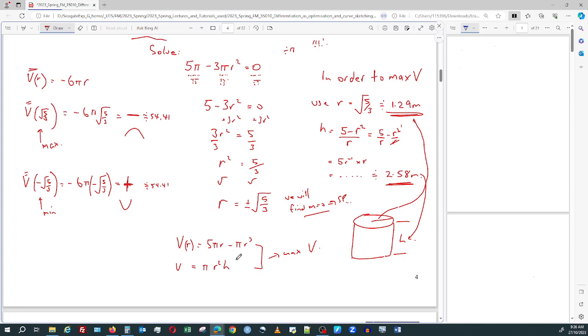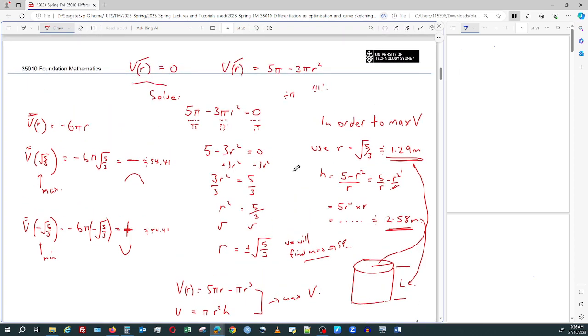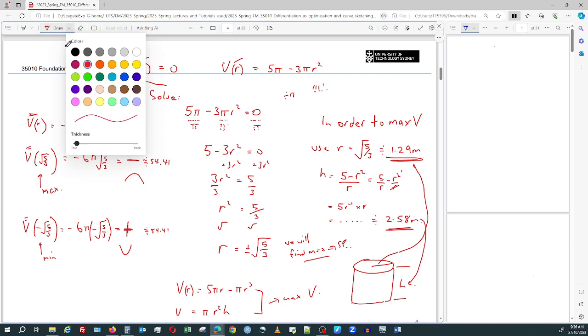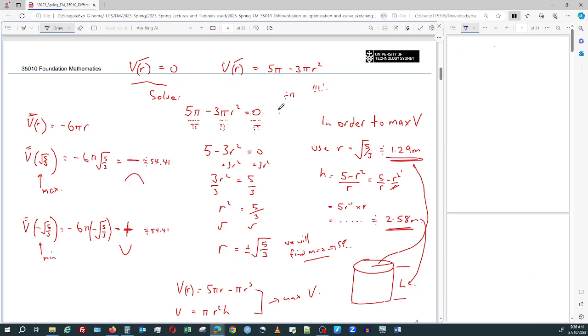All right, so that's taken us a little bit. Now, one of the things I did up here, I just wanted to go back, and I said I'd do it in a different pen colour. I just want you to see what happens if we do actually just rearrange this. So if I take my 5 pi minus 3 pi r squared equals 0, so undo.